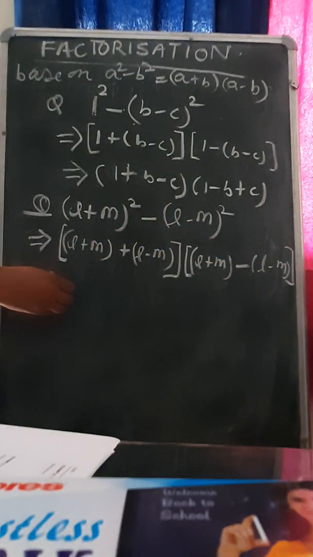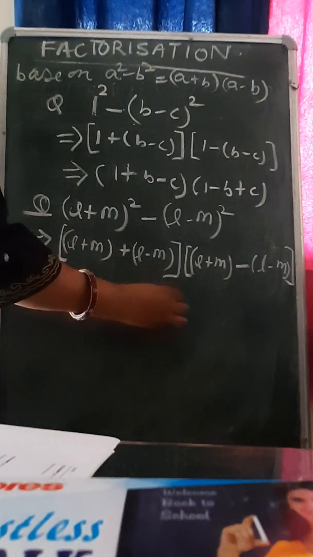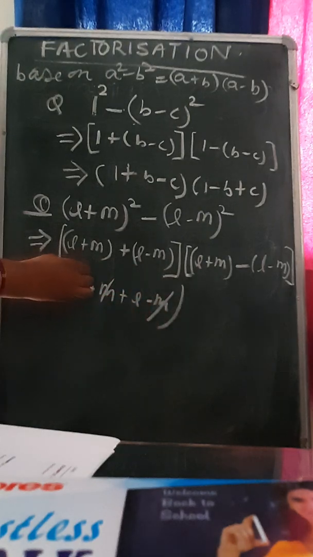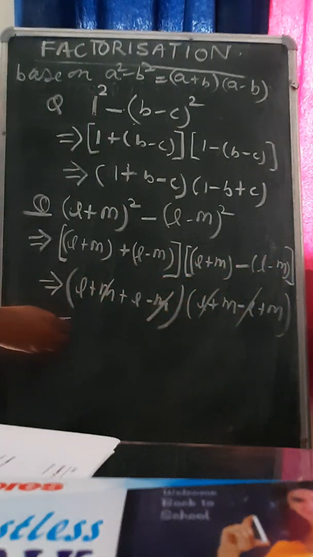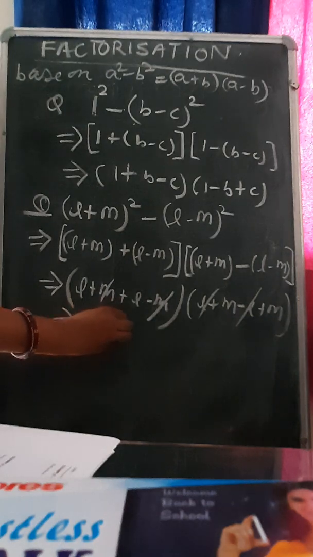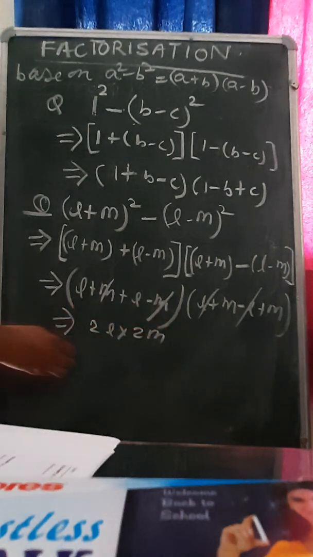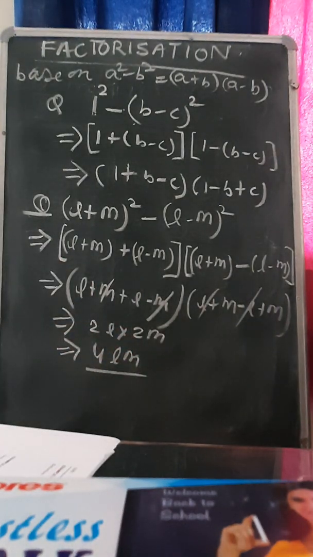Now solve. l plus m plus l minus m is equal to 2l, and l plus m minus l plus m is equal to 2m, so this is 2l into 2m. This is equal to 4lm. This is the factorization. Right, children?